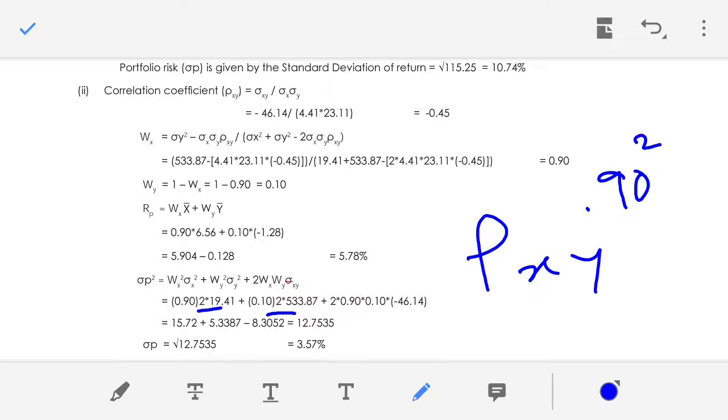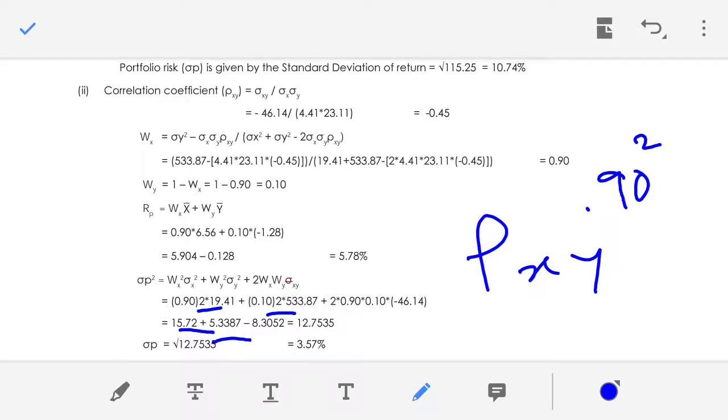0.9 into 0.9, that is 0.81, into 19.41, that is 15.72. Here it is correct. Next, 0.10 into 0.10 into 533.87, that is 5.3387. This is also correct.